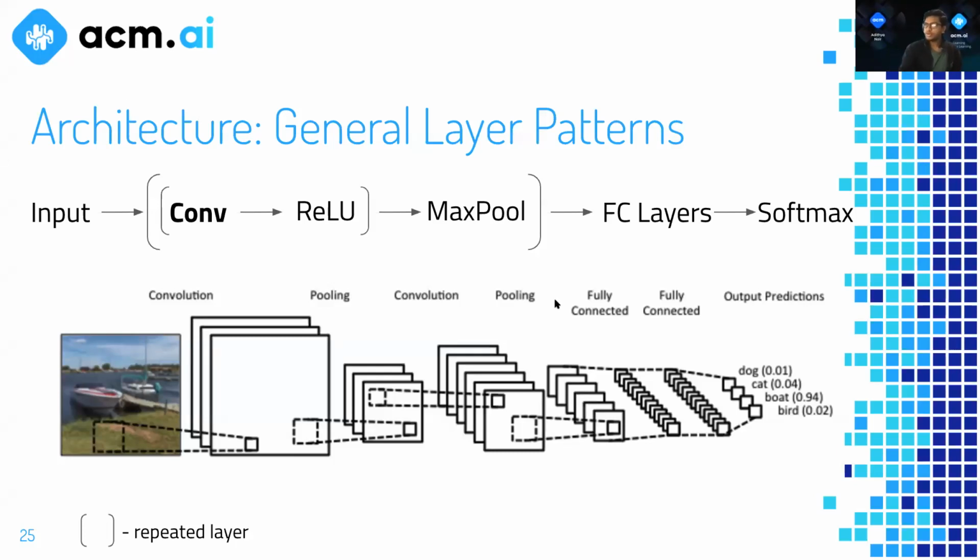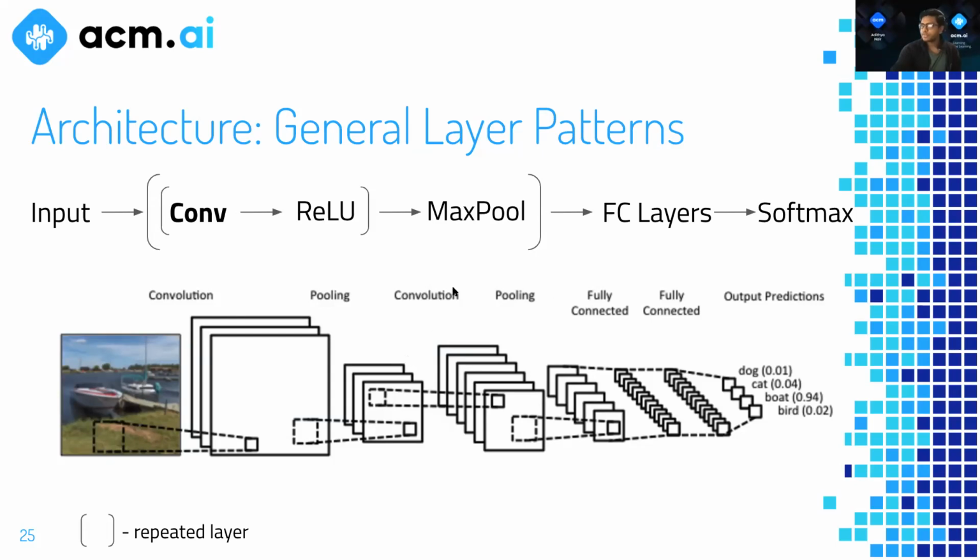So we're going to get started with talking about the convolutional layer, which is essentially where all the magic happens. This is where the model begins to understand what the picture contains and what features our input images hold. So we're going to talk about the meat of CNNs here.